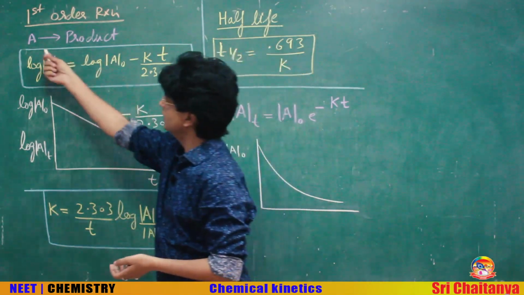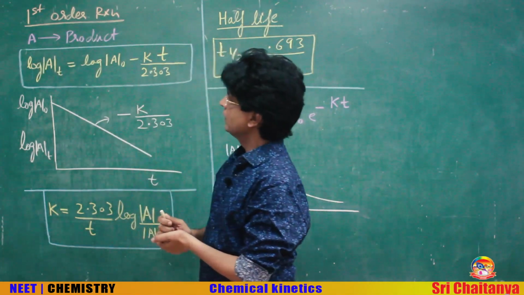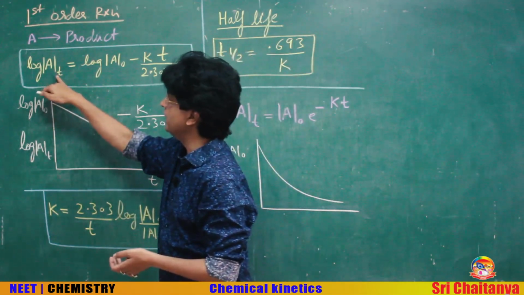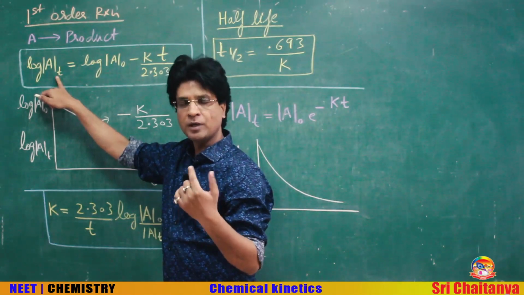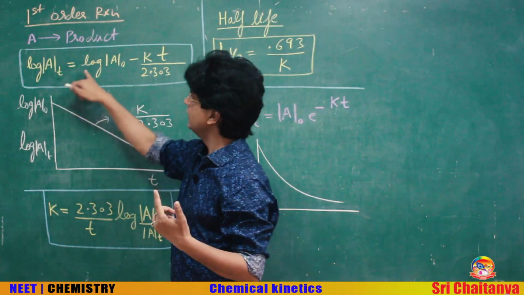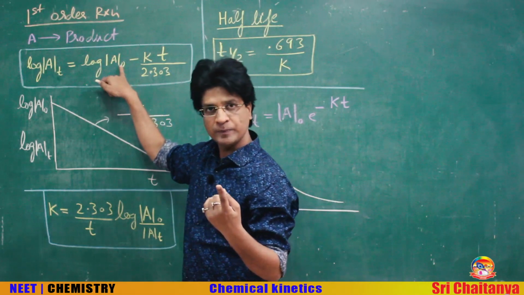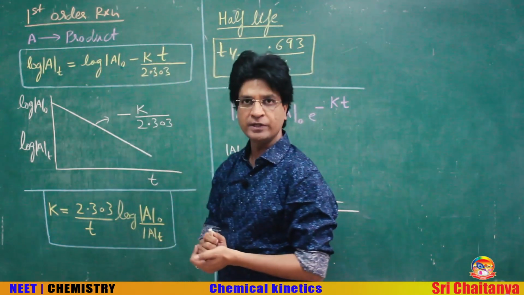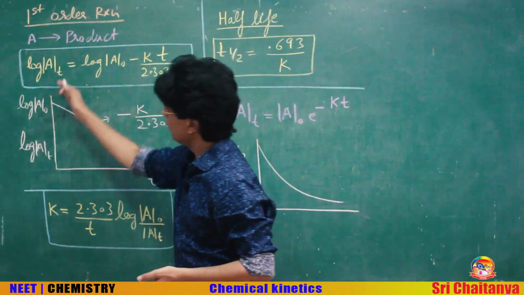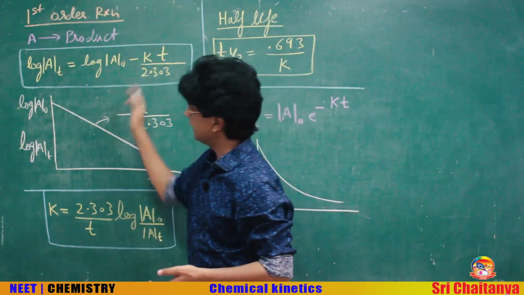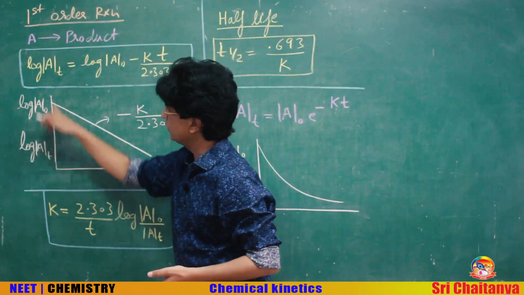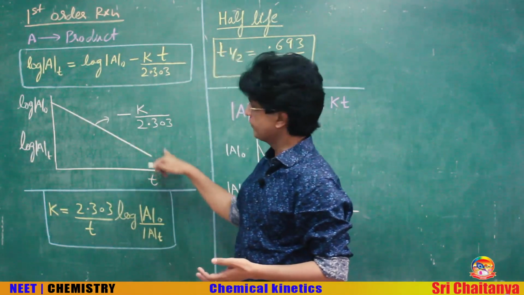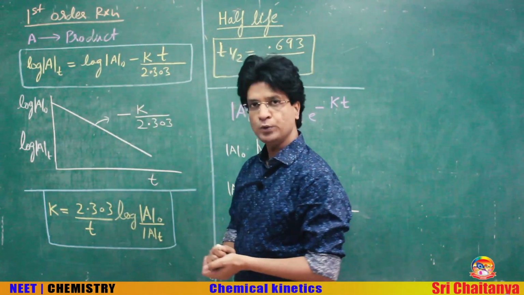I have again taken a first order reaction, and the equation is log of At, where At is the amount of reactant remaining after time t, equals log of A naught, the initial amount of the reactant, minus kt divided by 2.303. Now if you plot this line with log of At on the y-axis and time on the x-axis, you will get a negative slope, with slope being minus k upon 2.303.